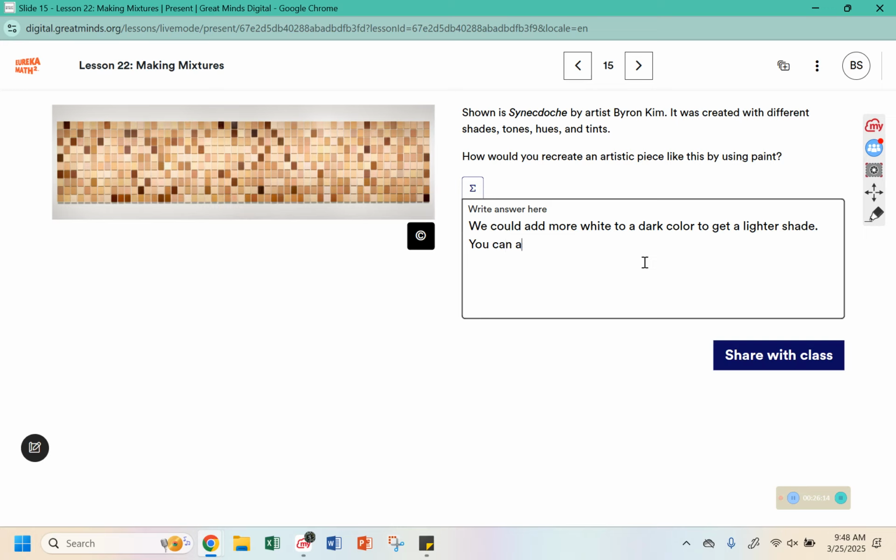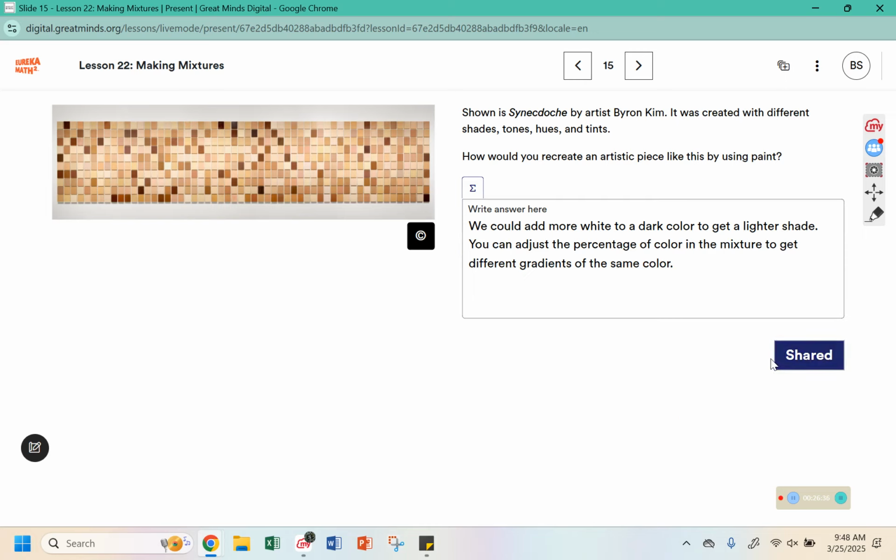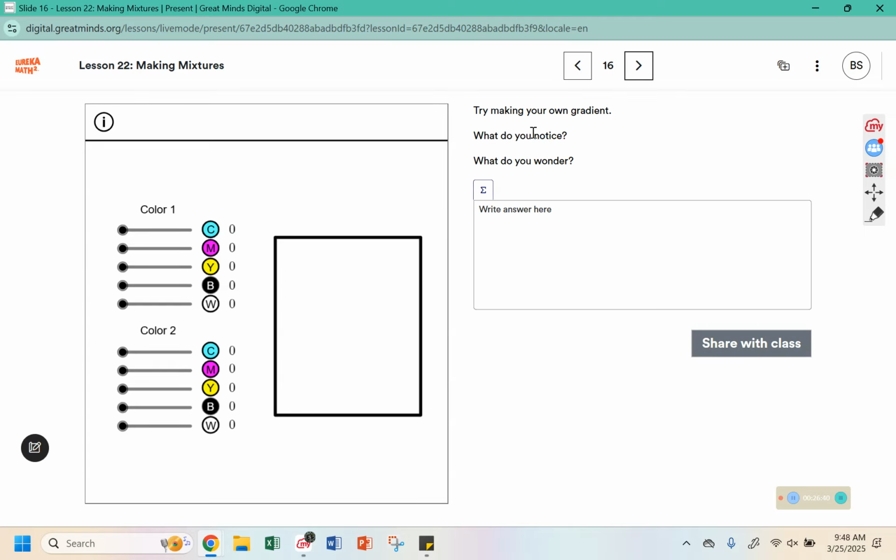You can adjust the percentage of color in the mixture to get different gradients of the same color. Try making your own gradient. What do you notice and what do you wonder?